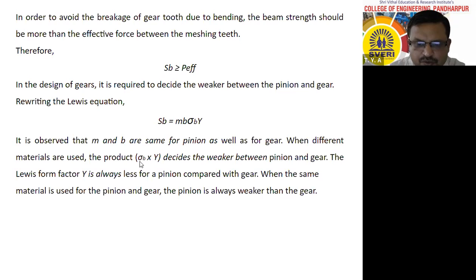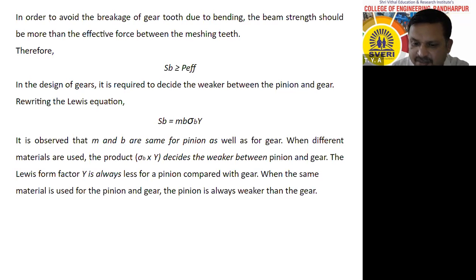At that time, we calculate sigma B into Y, this product, for both the pinion, that is steel, and for cast iron. Whichever product is less, that pinion or gear we have to consider as weaker, and we have to design the gears according to that.